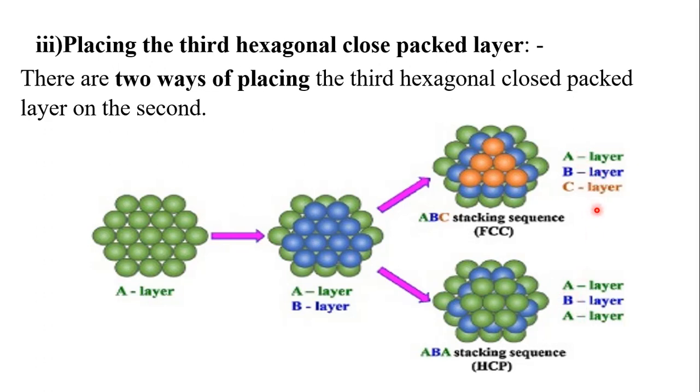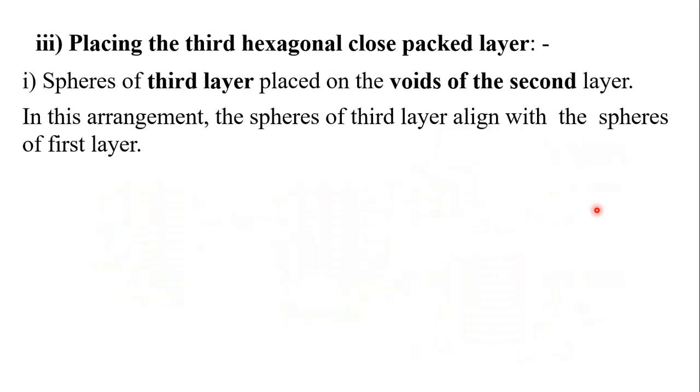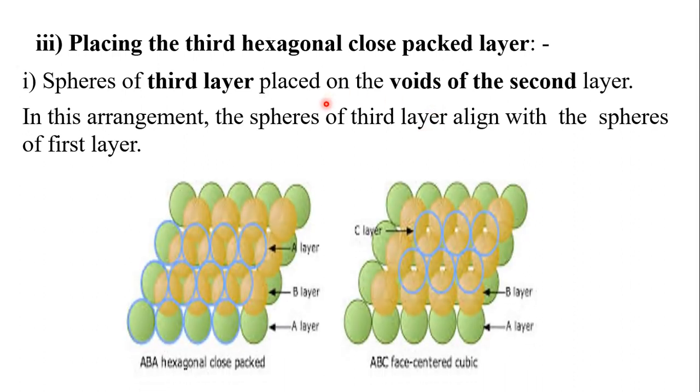When the spheres of the third layer are placed on the voids of the second layer, the spheres of the third layer align with the spheres of the first layer.